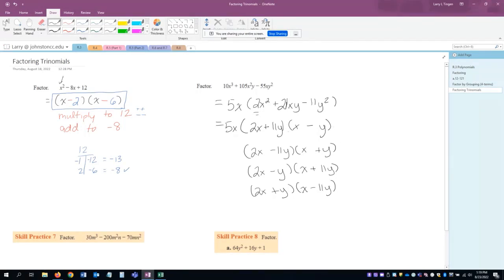Which one of these products, if I multiply, let's get rid of this for a second, and I'm going to nail it down to these. The second one?